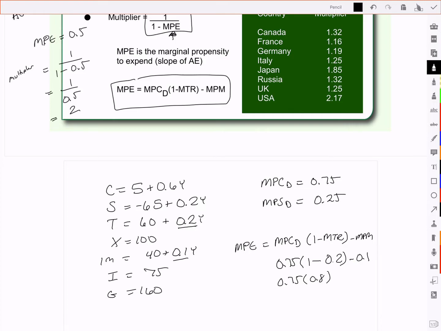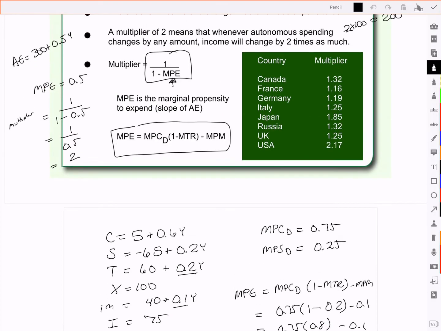So MPE in this example: we take 0.75 times 0.8 and subtract 0.1 from all of that. 0.75 times 0.8 gives you 0.6. 0.6 minus 0.1 is 0.5. Once you have your MPE of 0.5, you can find your multiplier with 1 over 1 minus MPE, and we found 1 over 1 minus 0.5 is 2.